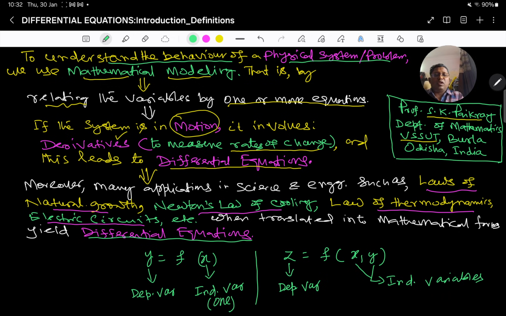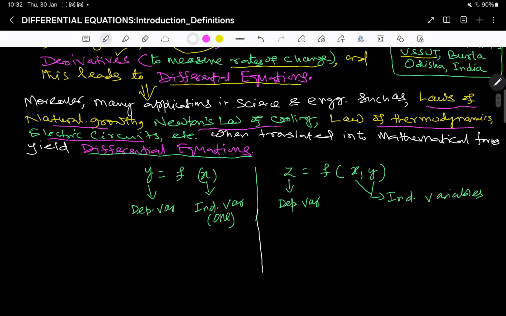Here x and y are the independent variables. Now in the first case, we find the ordinary derivatives. What is dy by dx? If we differentiate the dependent variable with respect to the independent variable, we get dy by dx, or we call it y dash, y dot, or f dash. These are all called the differential coefficients.